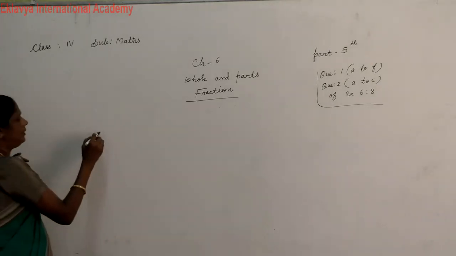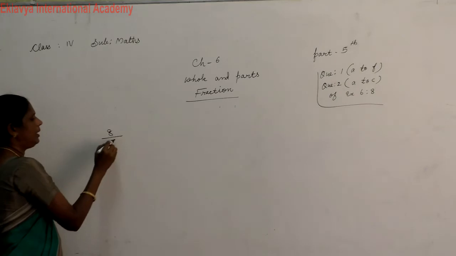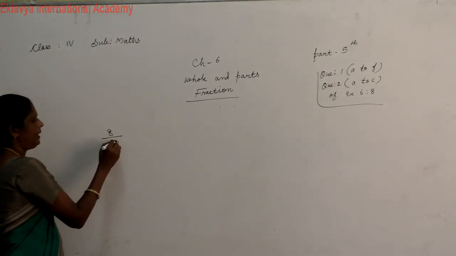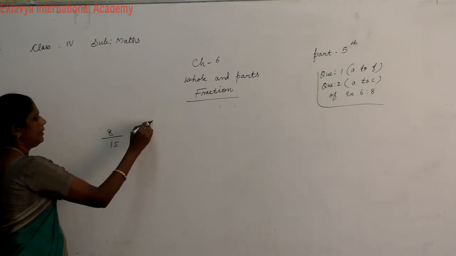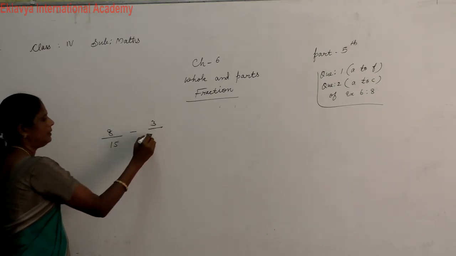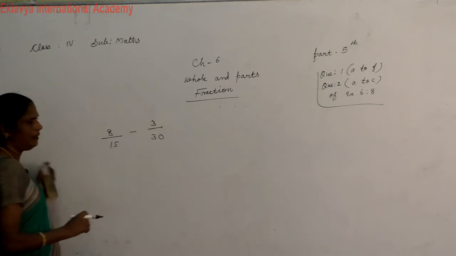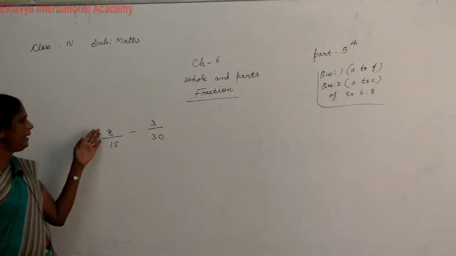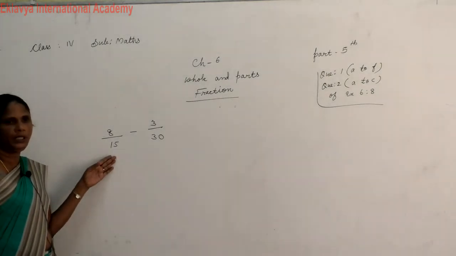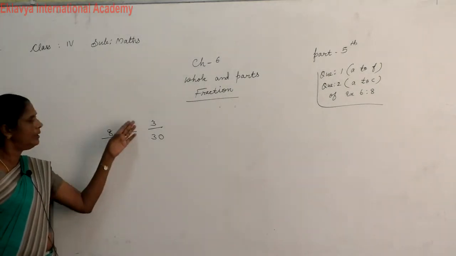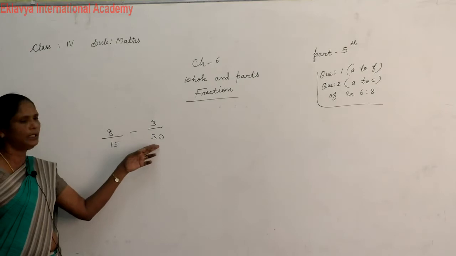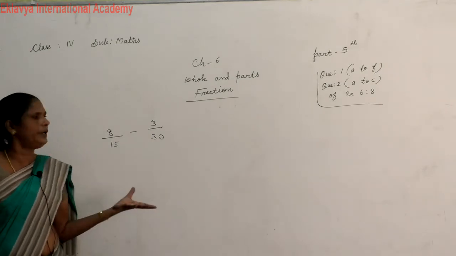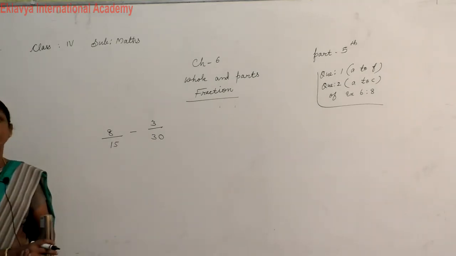Here, 8 by 15 minus 3 by 30. Look here. First we subtract this number.